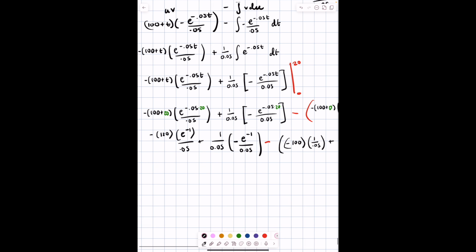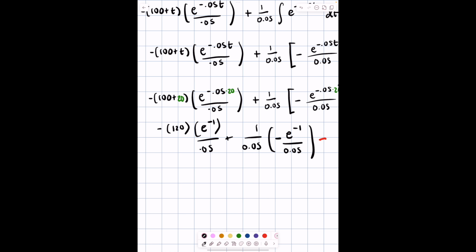Well, I have this 120 divided by 0.05, which is negative 24,000 times e to the power of negative 1, which is 882.9.